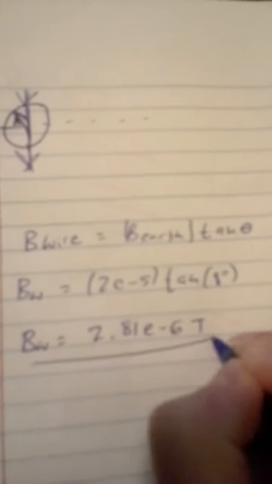So B of the wire is equal to 2 e to the negative 5 times tan of 8 degrees. And when you put this in the calculator, B of the wire equals 2.81 e to the negative 6 teslas.